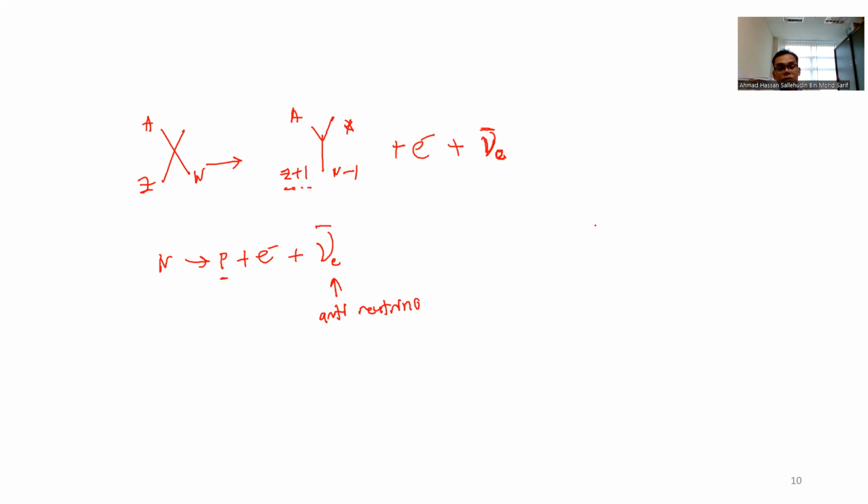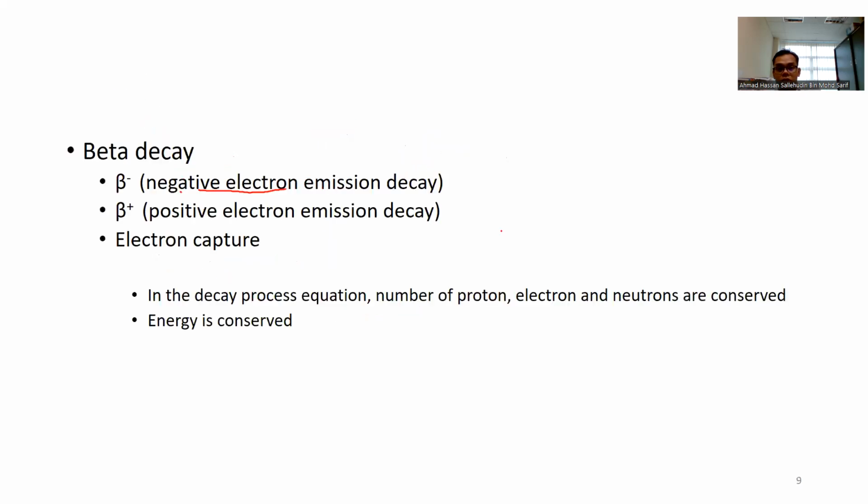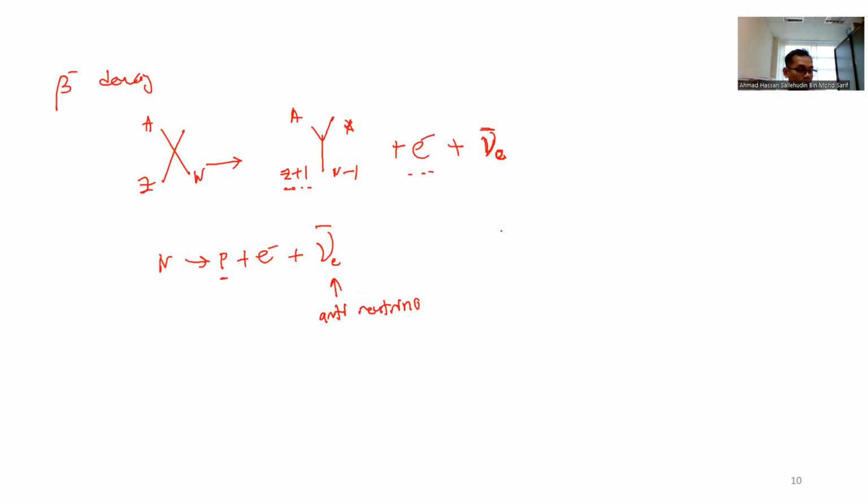So this is the decay equation for beta minus decay, or the negative electron emission decay. This expression is known as a particulate process.